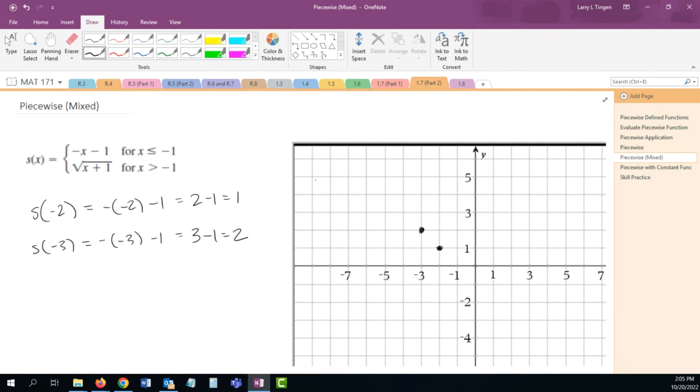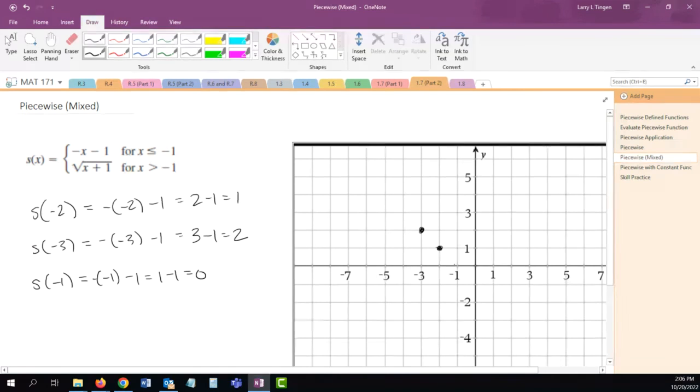Where do I stop paying attention to that top row? I stop paying attention to it after x is -1. Now it's included, so that's negative -1 minus 1, which is 0.